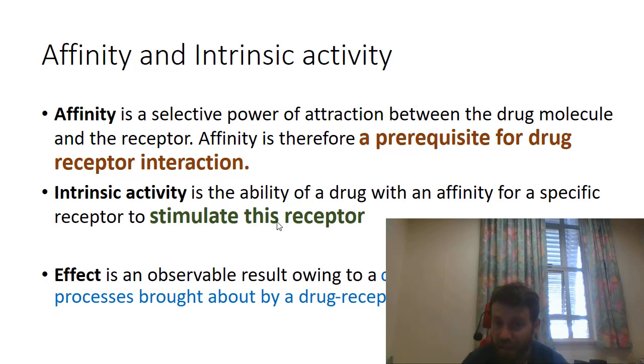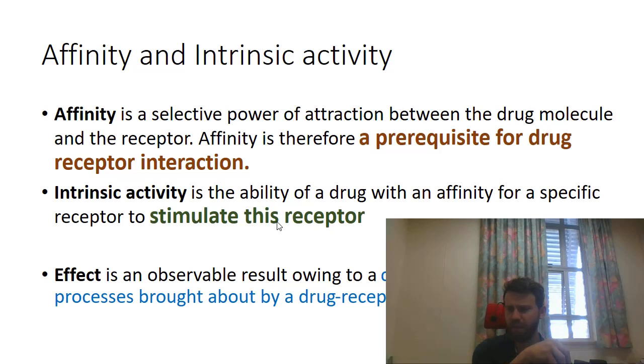If it has zero intrinsic activity for that receptor, it goes to the receptor, and if it has enough affinity, binds to the receptor, and then doesn't cause an effect. But it stays there. This is the drug I'm talking about, with a lot of affinity but no intrinsic activity. It binds to the receptor and stays there.